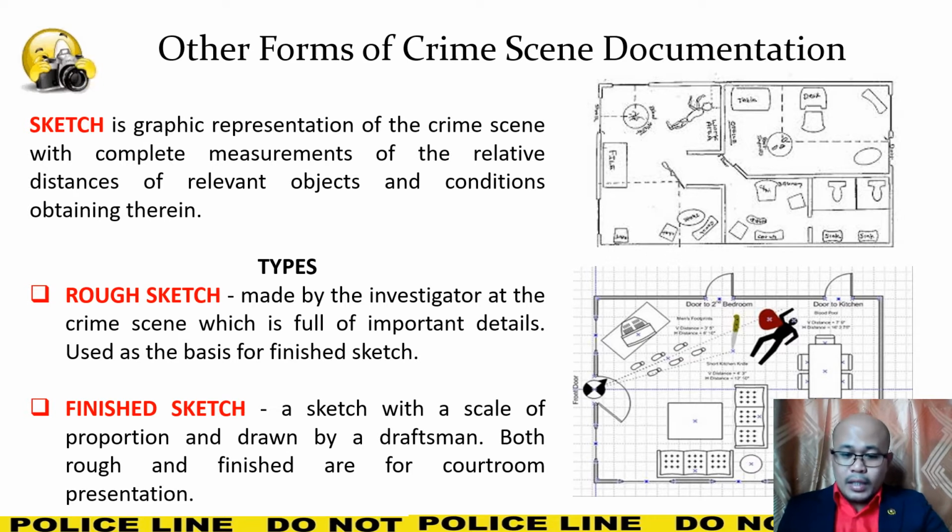In doing a sketch, we have two different types to accomplish, and these are the rough sketch, the first one that we make at the crime scene itself. There we can see the rough manifestations, the drawing or depiction of everything at the crime scene.